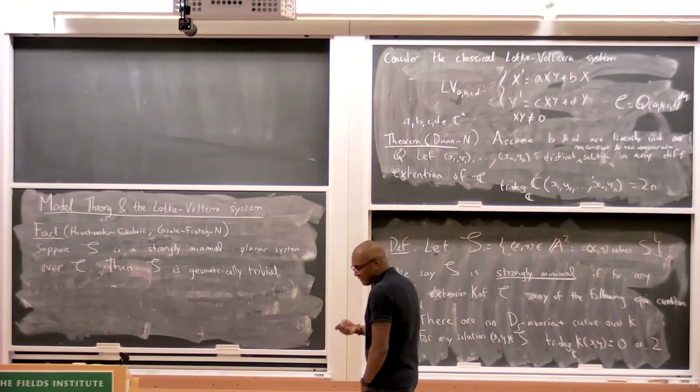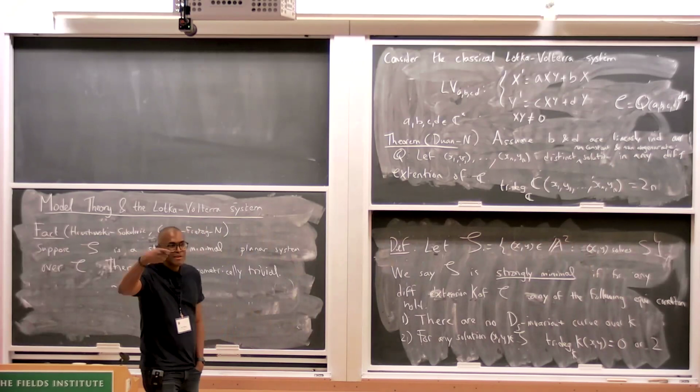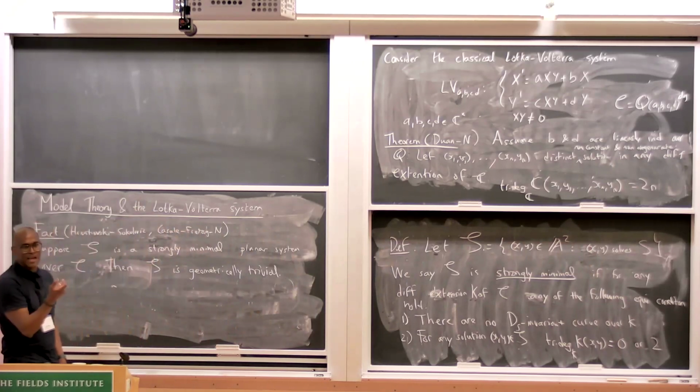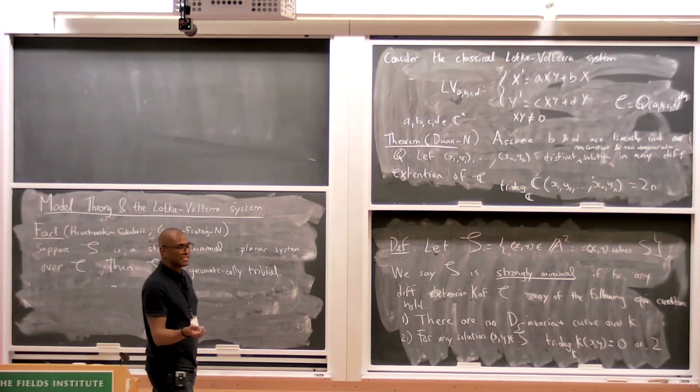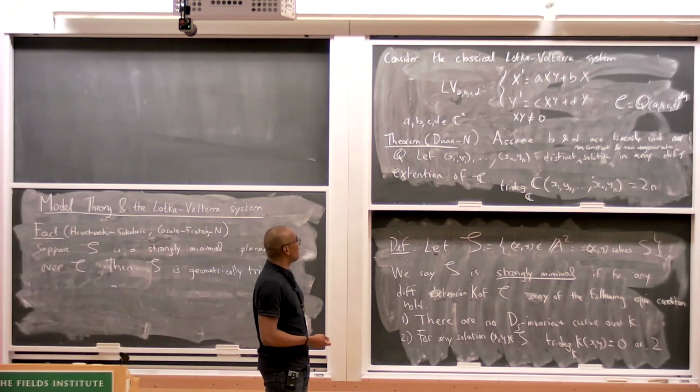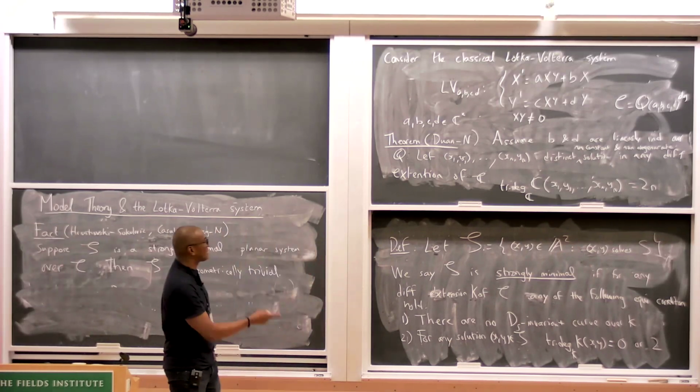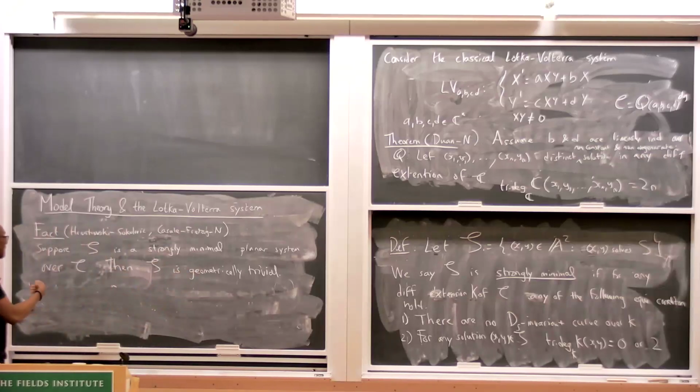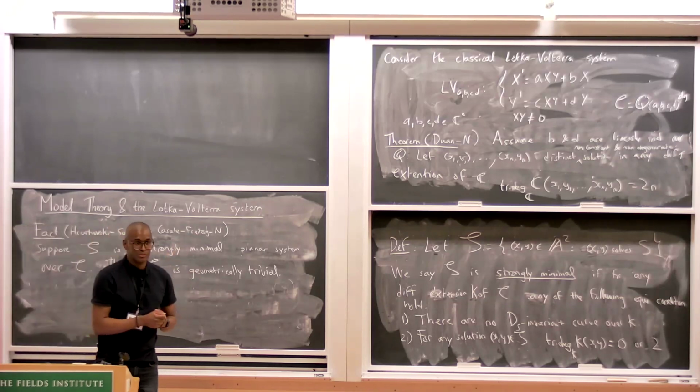Then one has to look at the so-called more general trichotomy theorem, and there's one possible case that one has to get rid of, which is the case of what's called Manin kernels, meaning differential equations that live on abelian varieties. But since we are in the autonomous case, we don't have this problem. And so, as you can imagine, my strategy with Newton was to prove this theorem first. Let's prove that it's strongly minimal, and then we get triviality, and then see whether we can handle pairs of solutions, okay?